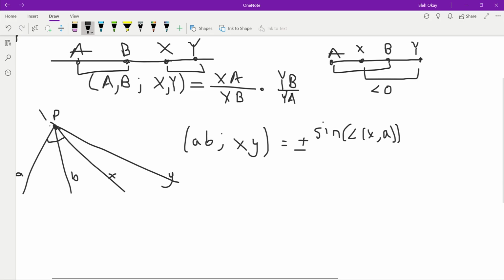If we extended, there are 2 different angles that we could define as being the angle between X and A. It doesn't matter because we're taking sines. The sine of both of these angles would be the same.